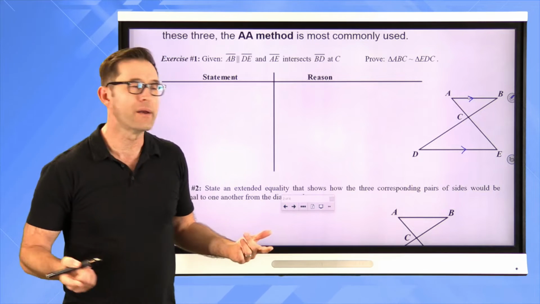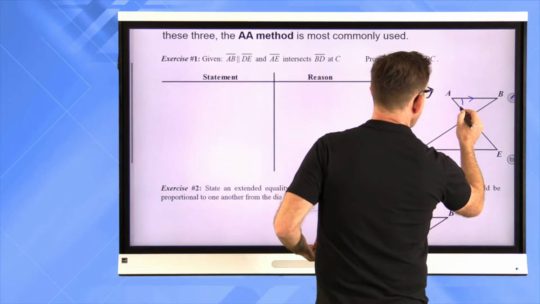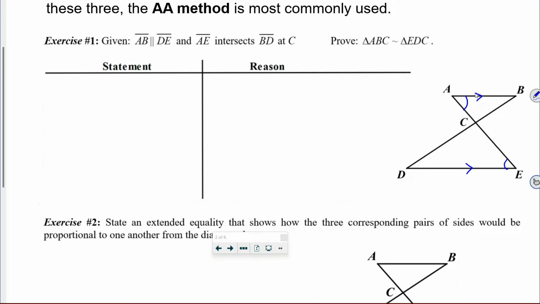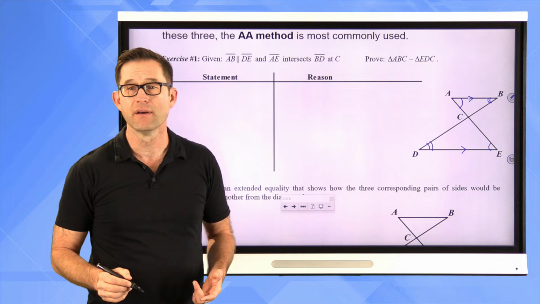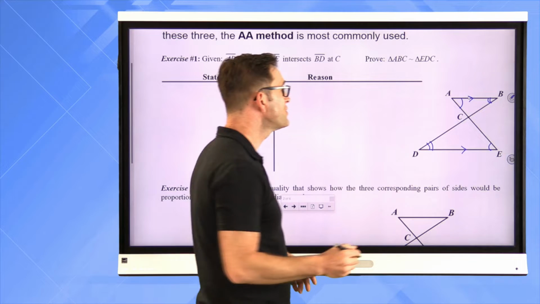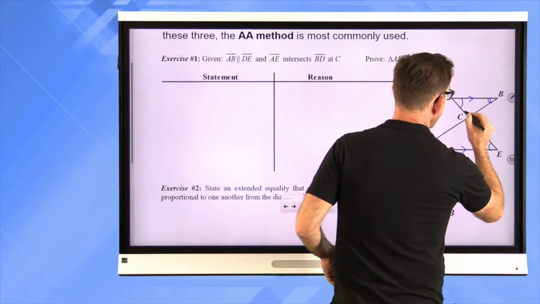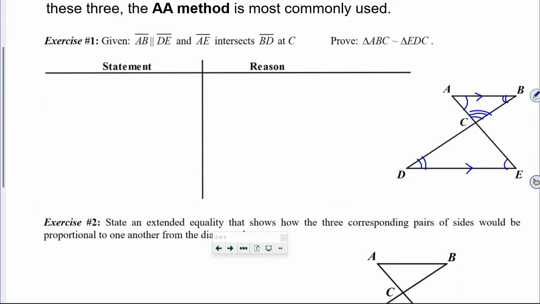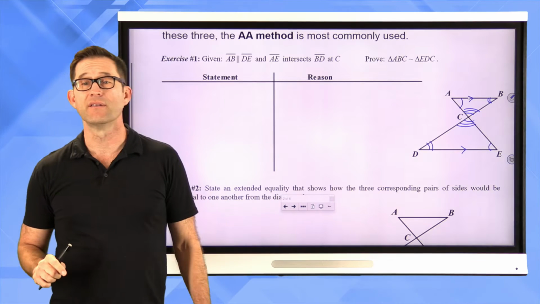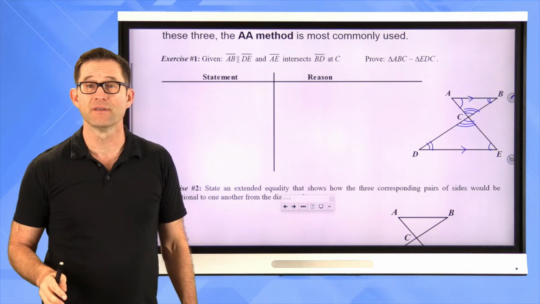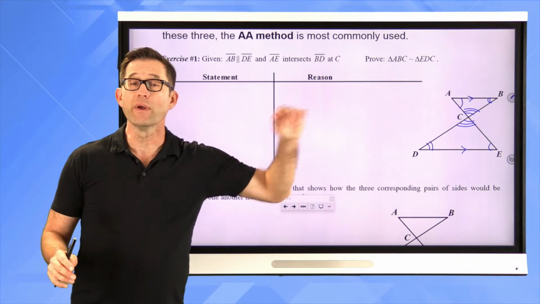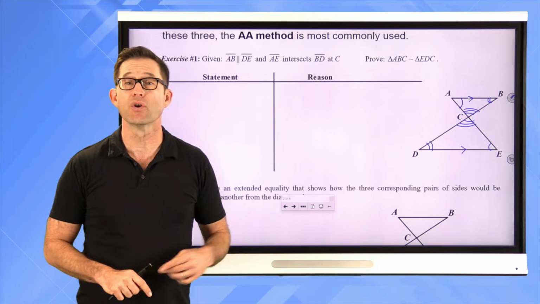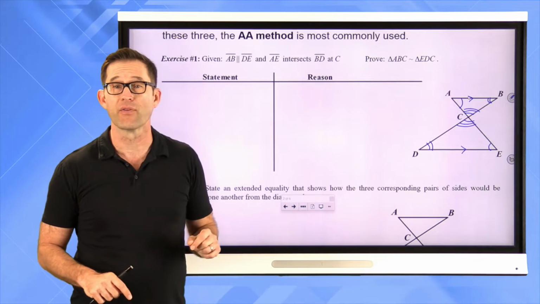Number one, we could say that angle A is congruent to angle E because they're alternate interior angles. Angle D would have to be congruent to angle B because they're alternate interior angles. And if you didn't want to use one of those two pairs, you could also claim that angle ACB is congruent to angle DCE, not because they're alternate interior angles, but because they're vertical angles. Anyhow, it doesn't matter which two pairs of angles you use, you're going to get the angle-angle similarity theorem.